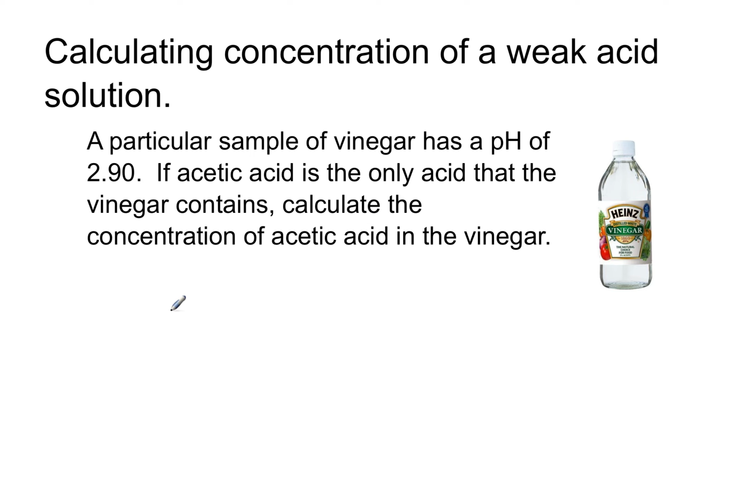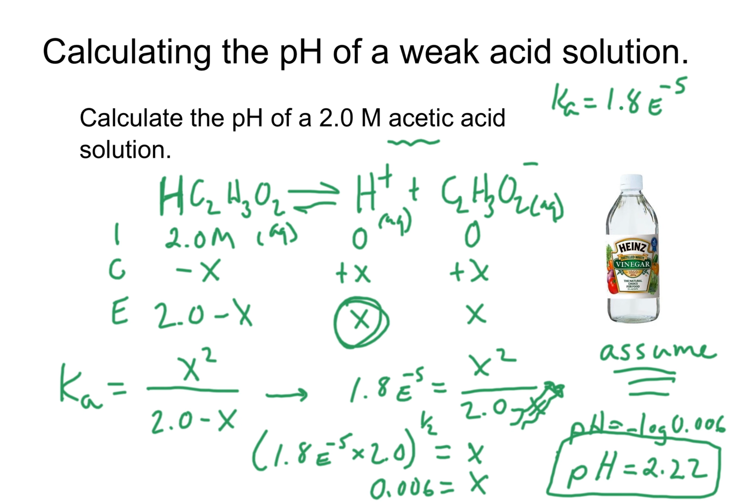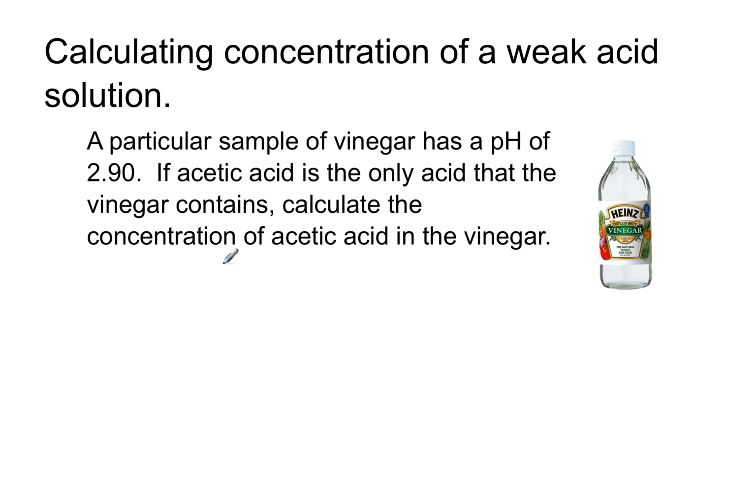All right, well, in this case, we're going to be working backwards. So we've got our equation here, this is our same equation. I'm going to rewrite it here. And it's aqueous again, and it dissociates to H plus and the acetate.